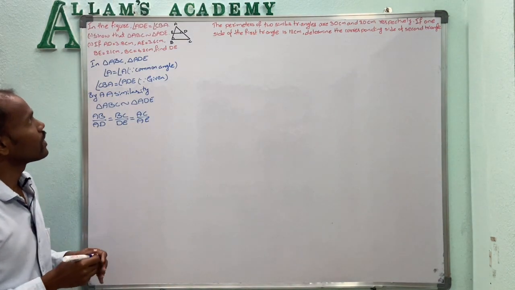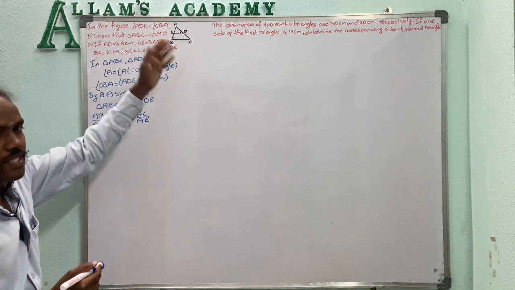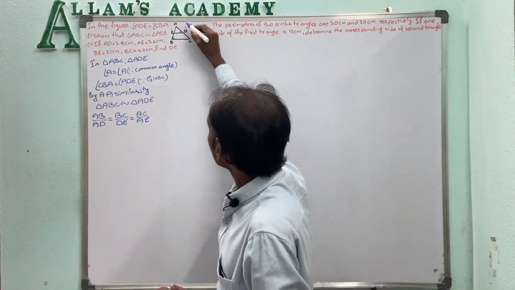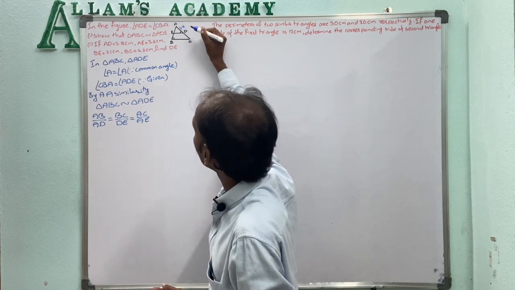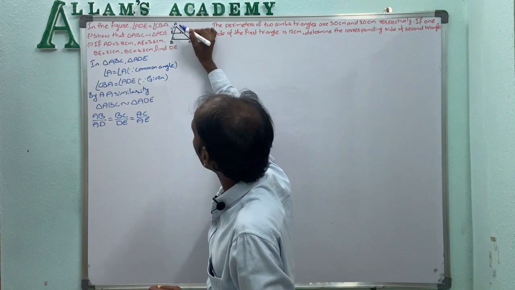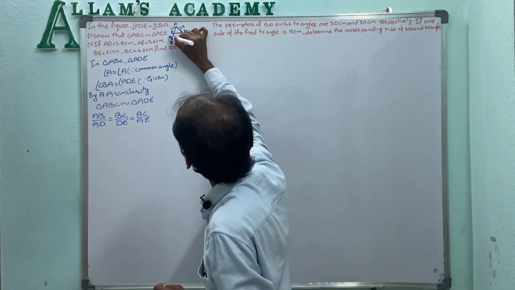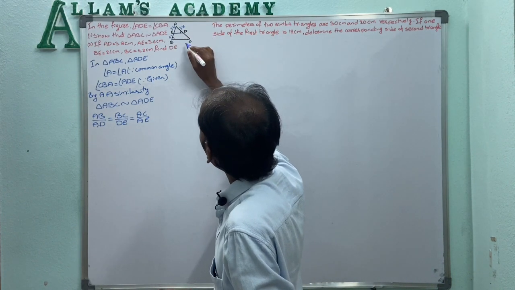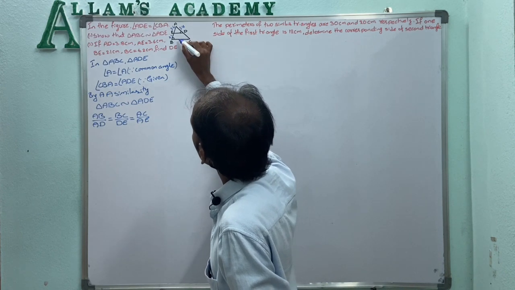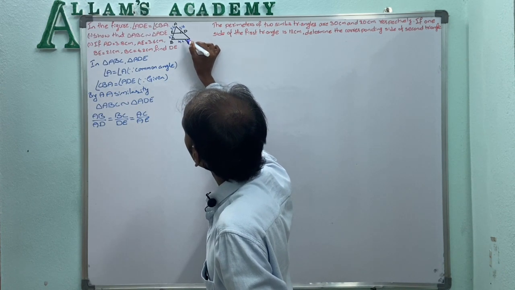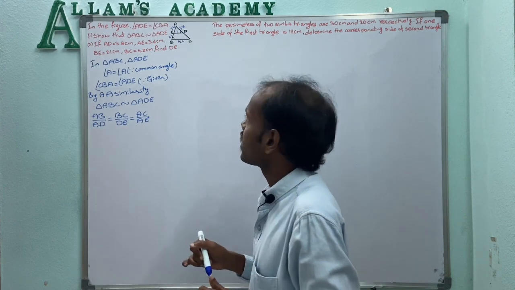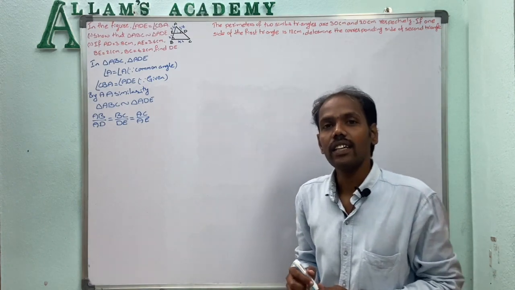Now the given sides: AD 3.8 given, AE 3.6 given, BE 2.1 given, and BC 4.2 given, and we have to find DE.